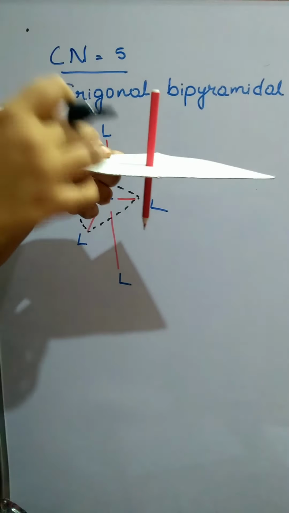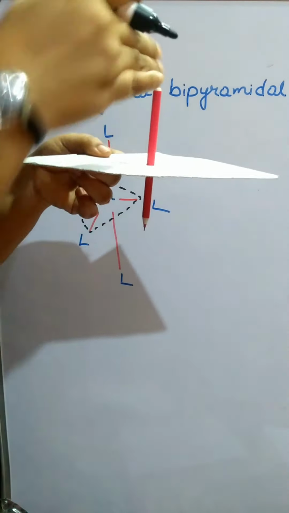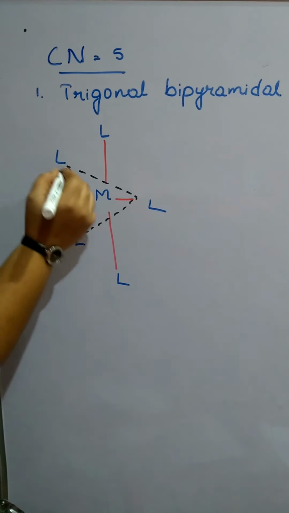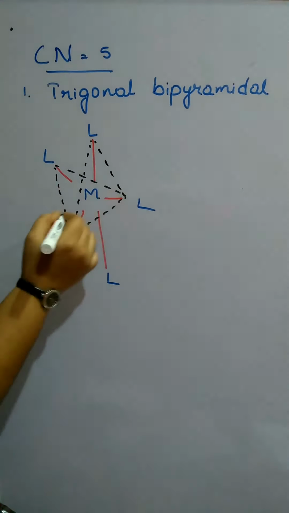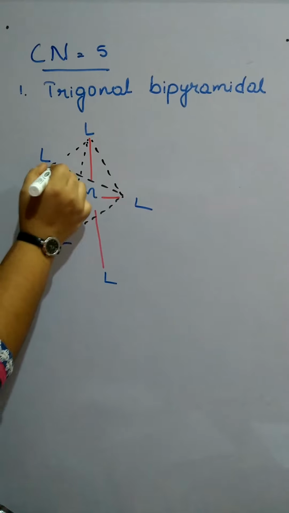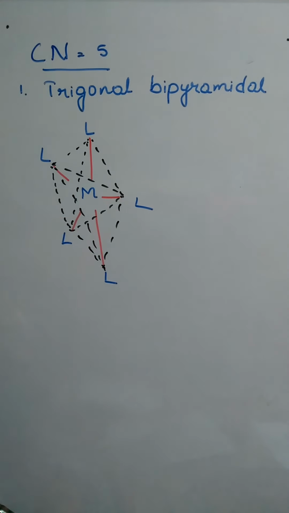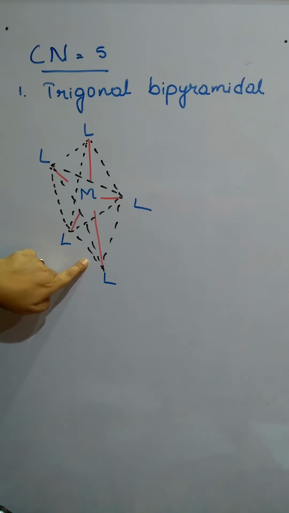That's why the name is trigonal bipyramidal, two pyramids. One pyramid is above the plane and one pyramid is below the plane.